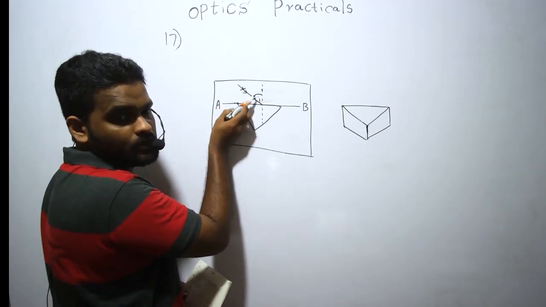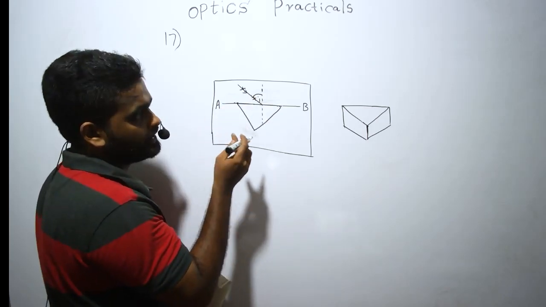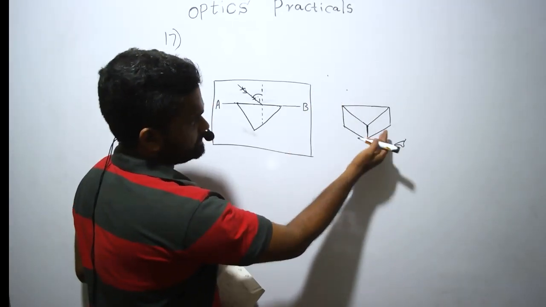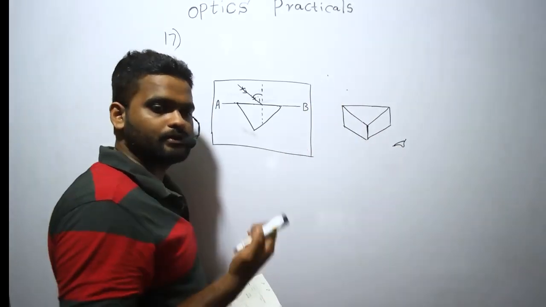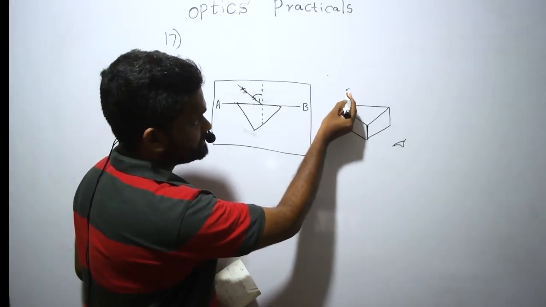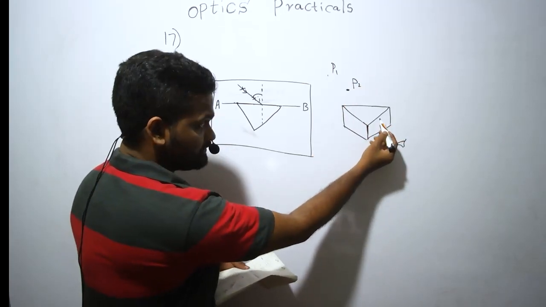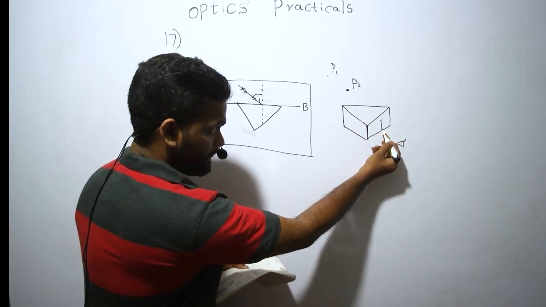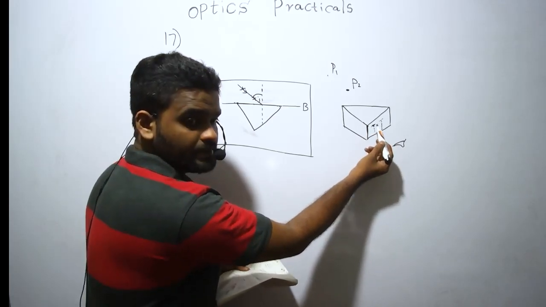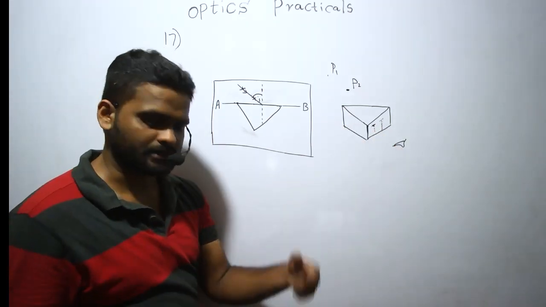Then place the prism. So the optical pins are here, and you look from this side. What do you see? You see images of these, let's say P1 and P2. So you see 2 images from this side, like this. This is the image of P1, the image of P2. That is what you see when you are doing the experiment.